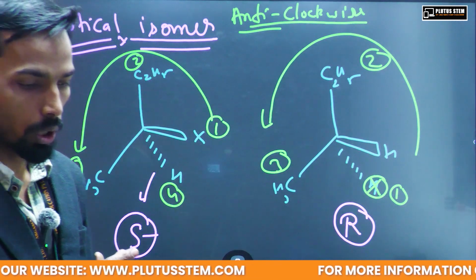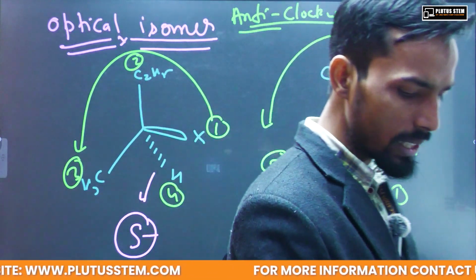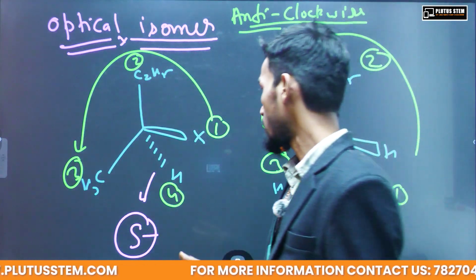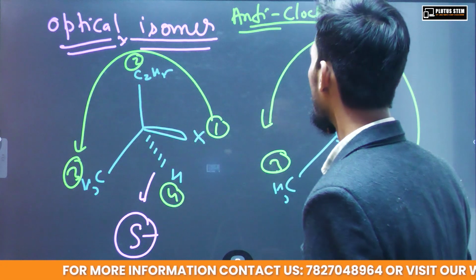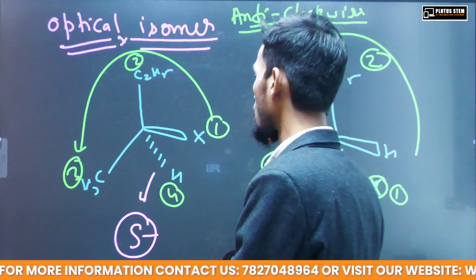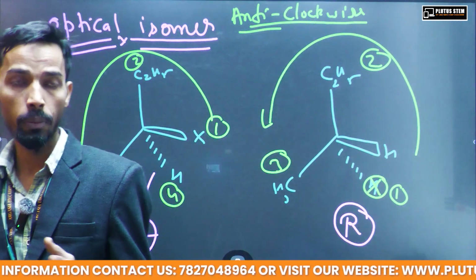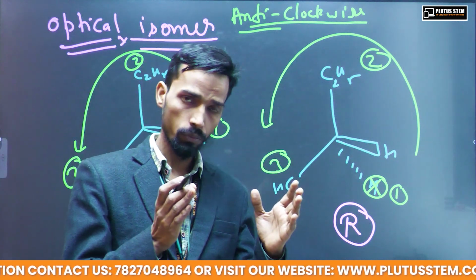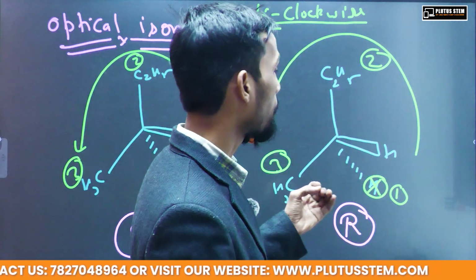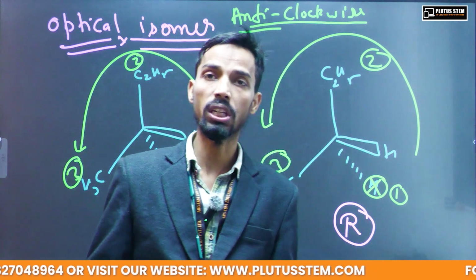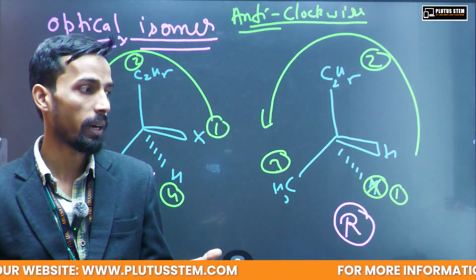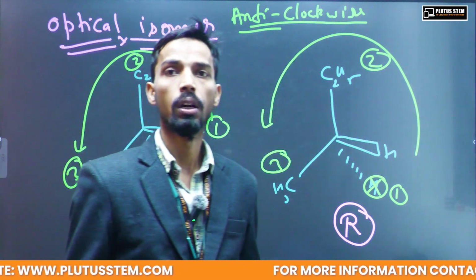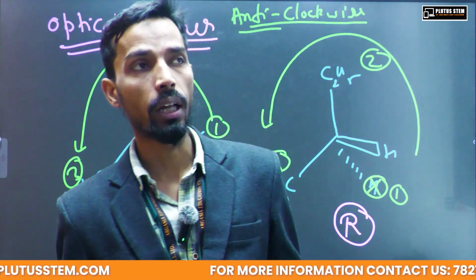These are your configurational isomers, R isomers and S isomers. Sometimes we will have diastereomers and enantiomers. Enantiomers are non-superimposable mirror images of each other. But diastereomers are not mirror images.